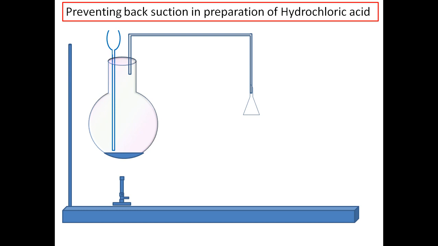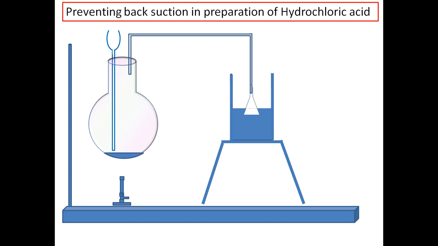We have to arrange an inverted funnel at the tip of the delivery tube in such a way that the stem of the funnel is completely fastened with the end of the delivery tube. We have to take a container filled with water and place the funnel in the water such that only about 2 mm of the funnel is introduced in the water.